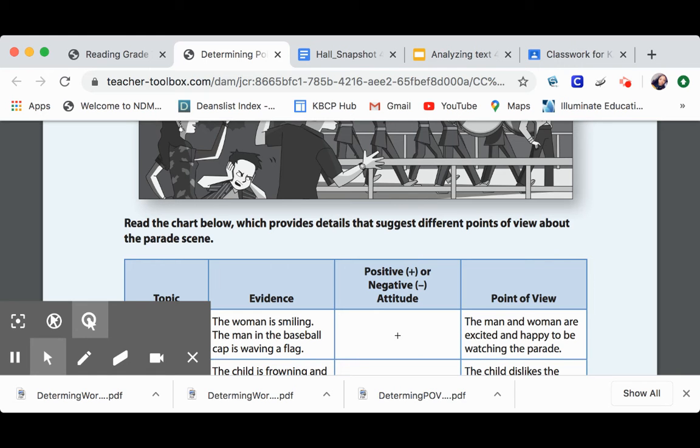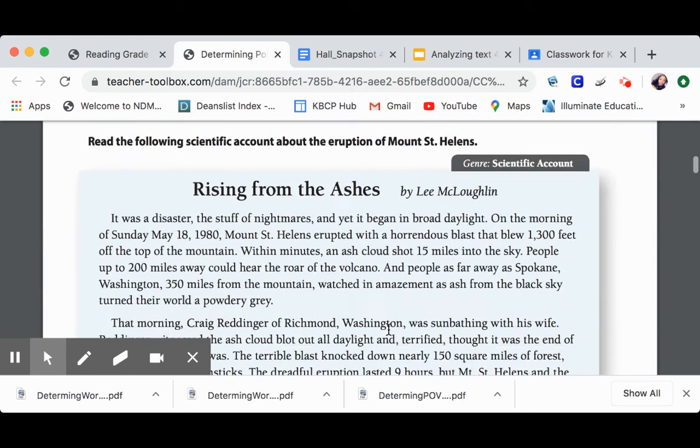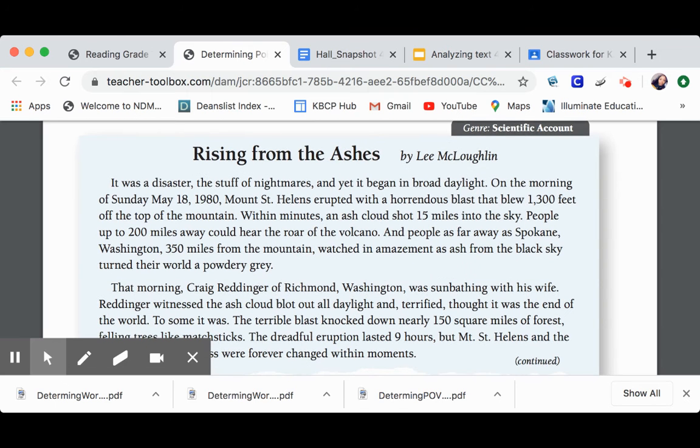Some may include charts, photos, graphs. Others may have sidebars with additional facts or subheadings to show how the ideas are organized. And the purpose is to explain scientific findings or any events or discoveries with ties to science.